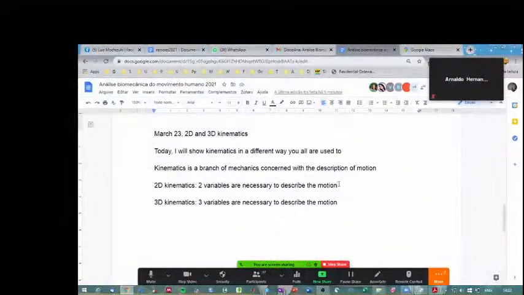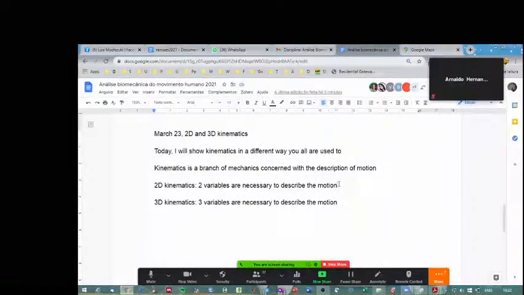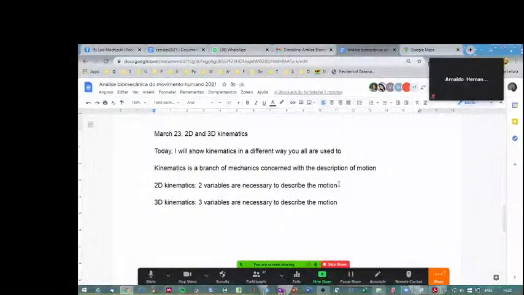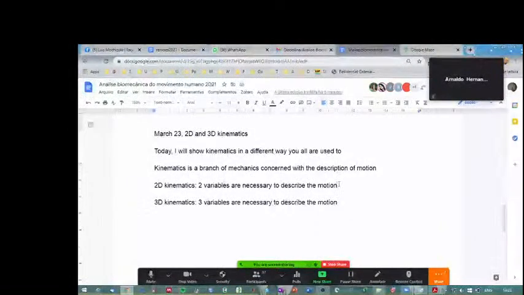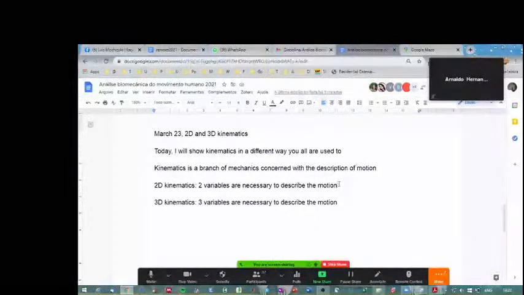But in terms of describing the motion, if you plot something like this, where this is time and this is x, then you have this.